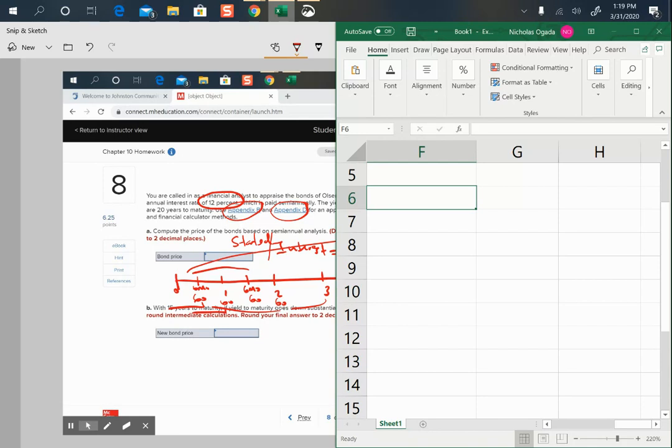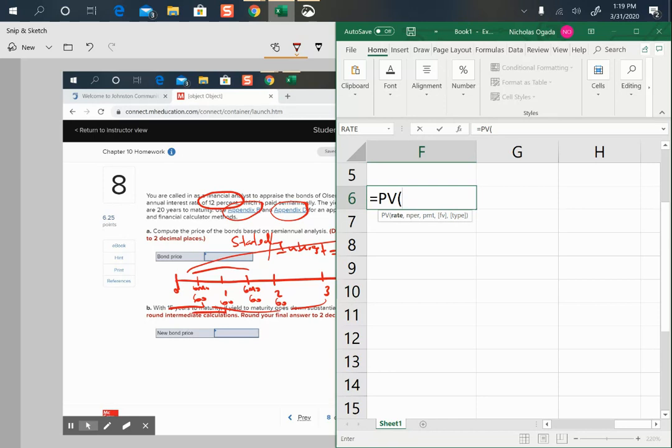To discount those payments, you have to use the market rate, or the yield to maturity, or the yield rate.